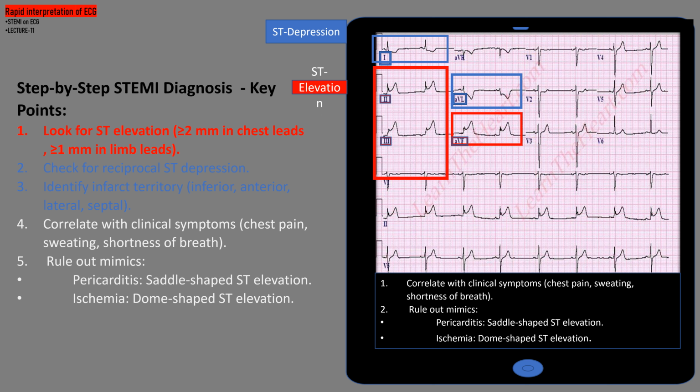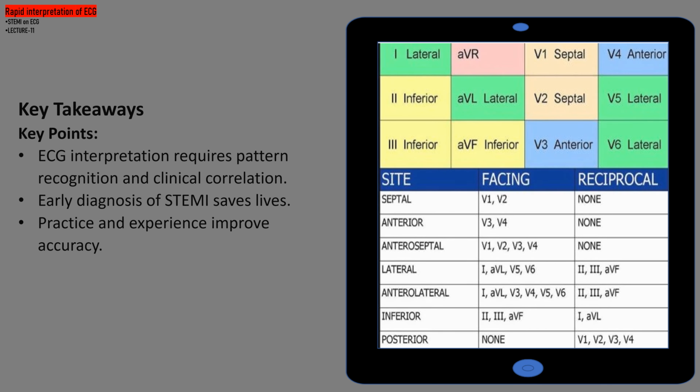Could this be pericarditis, early repolarization, or another mimic? Remember, in pericarditis, the ST elevation is saddle-shaped, unlike the dome-shaped elevation seen in ischemia. If the first ECG is inconclusive but clinical suspicion is high, repeat the ECG every 10 to 15 minutes to monitor for evolving changes.